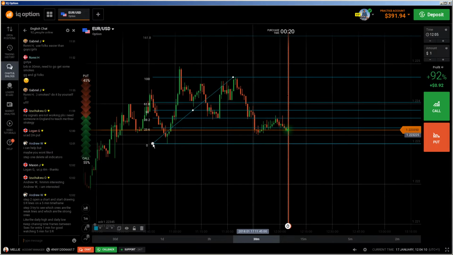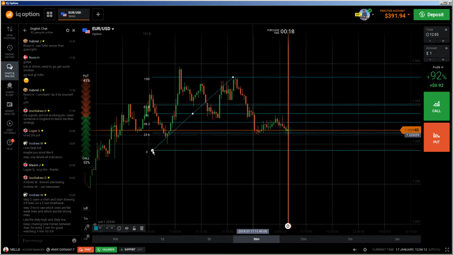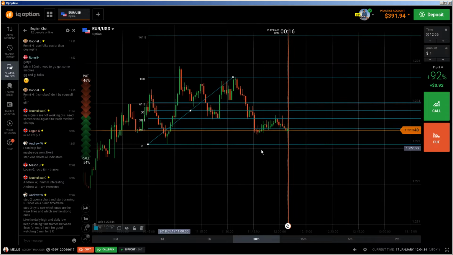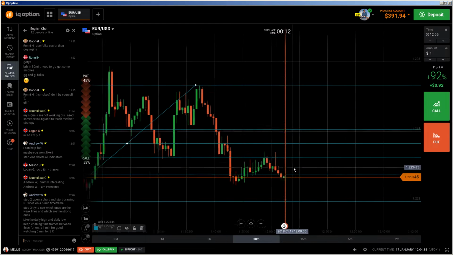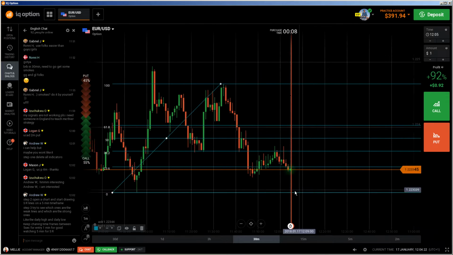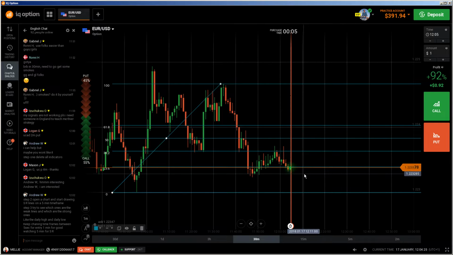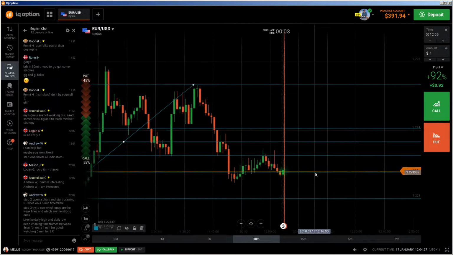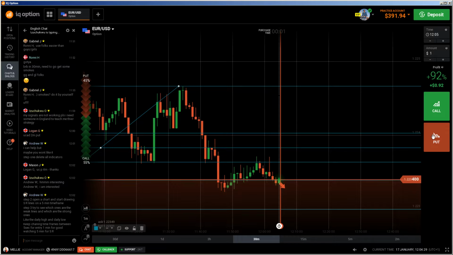So I draw this line to this one here. This was the whole number here, the 1.223. So we are now in this area, because we are heading down. This is how you trade Fibonacci. If I get a rejection on this level now, I'm going to do a put again.